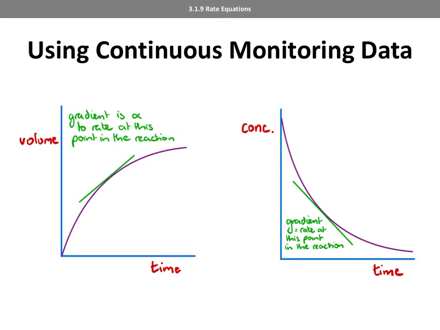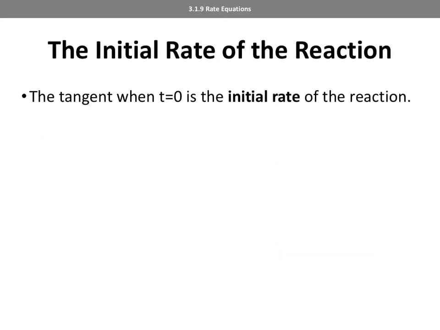When you're practicing, you might be drawing a number of tangents, but that's something you need to be prepared for and comfortable doing. Now, if we draw a tangent when the time is equal to 0, right at the start of the reaction, then this would give us the initial rate of the reaction.